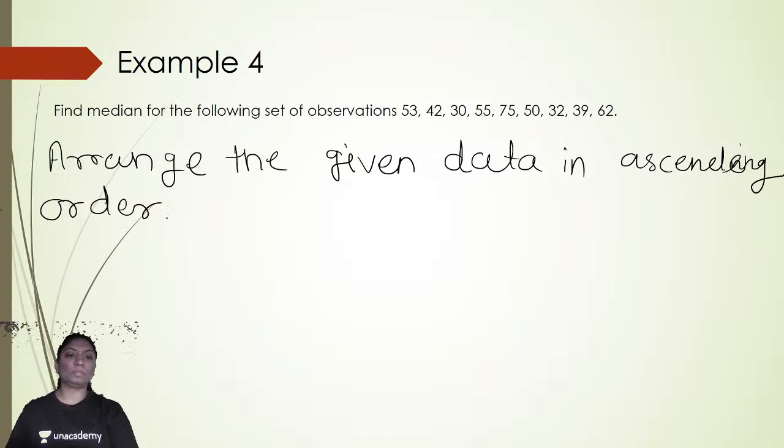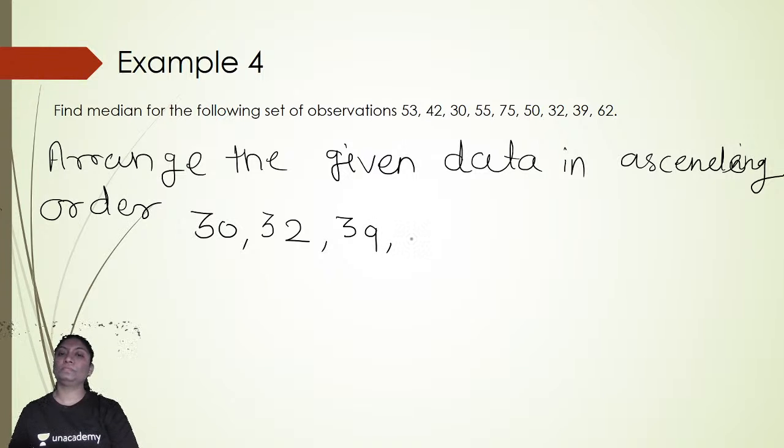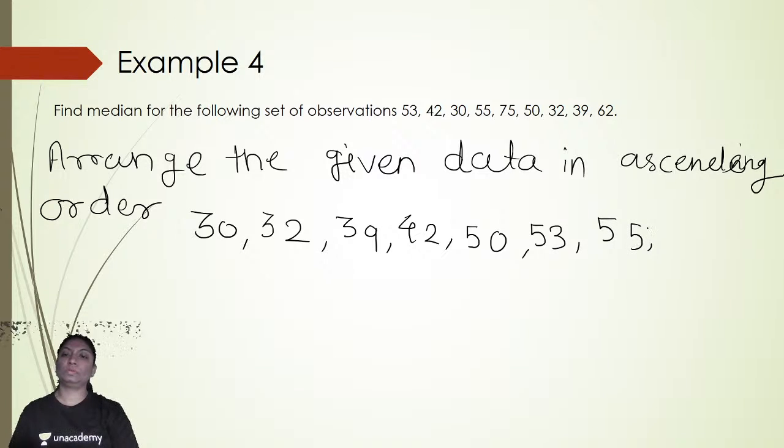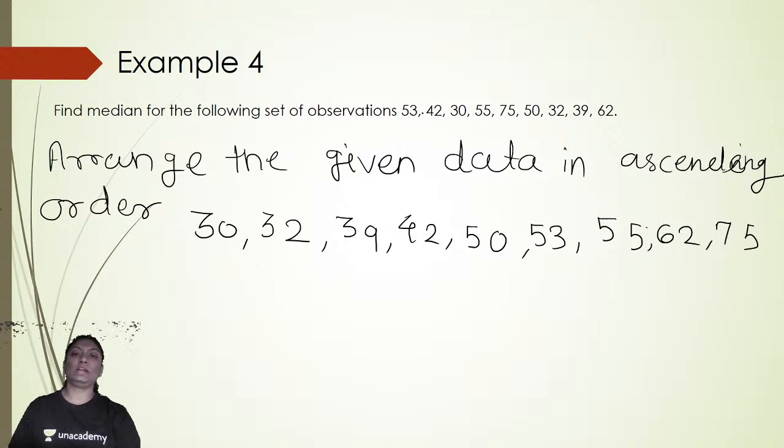Okay. तो ascending order में क्या आएगा आपका डेटा? फर्स्ट नंबर आएगा 30, उसके बाद आएगा 32, then 39, then 42, then 50, then 53, then 55, then 62, last 75. Now you can see 1, 2, 3, 4, 5, 6, 7, 8, 9.